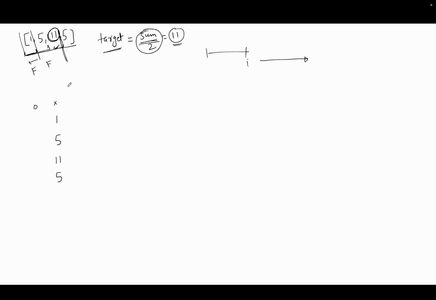And on the other axis, we can have sum. Can we get a sum of 0, 1, 2, 3, 4, 5, 6, 7, 8, 9, 10 and 11. We are interested till target.